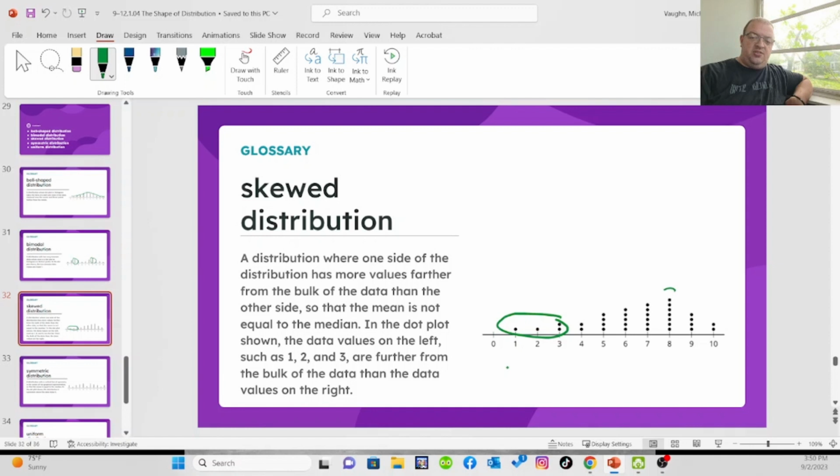If you notice, most of my values are right around 8. So we would say this is skewed left, because we always label the tail. The tail is down here on the left, so this is skewed left.